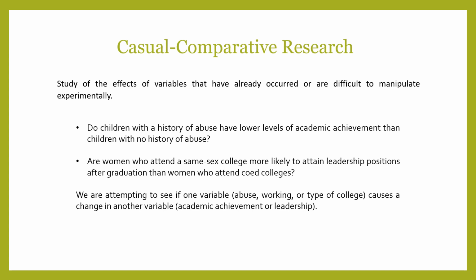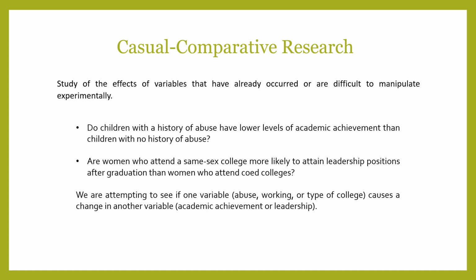And the other example, are women who attend a same-sex college more likely to attain leadership positions after graduating than women who attend co-ed colleges? In this case, the variables are abuse, or type of college. And the other variable, the dependent variable, is the academic achievement and leadership.